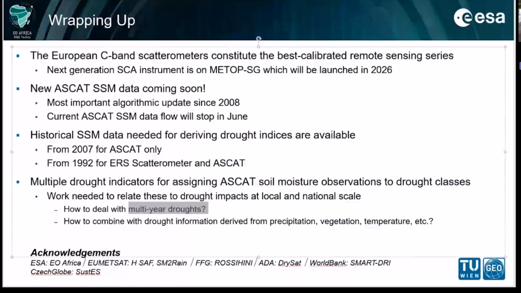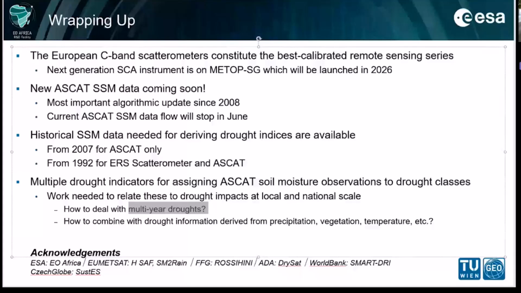There was one question: how to evaluate the capacity of drought indices based on soil moisture data. I would say the evaluation of the effectiveness of different drought indices is always very difficult. It's also very difficult for drought indices based on precipitation data or vegetation data. I think it's more a matter of existing know-how.